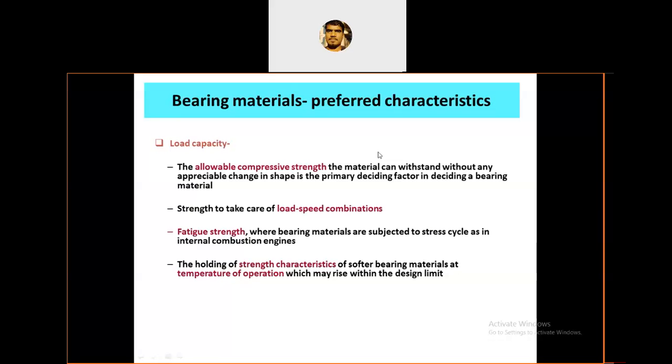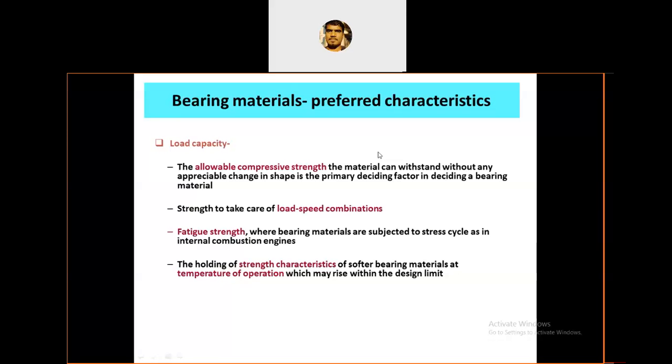So that is the deciding factor in deciding the bearing material. If you go for very high load carrying capacity, you have to choose a material with very high allowable compressive strength. The material of the bearing should have very high compressive strength.